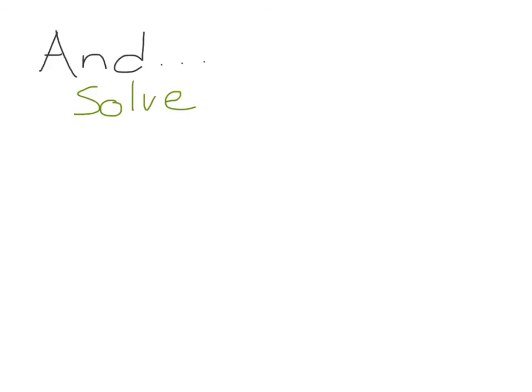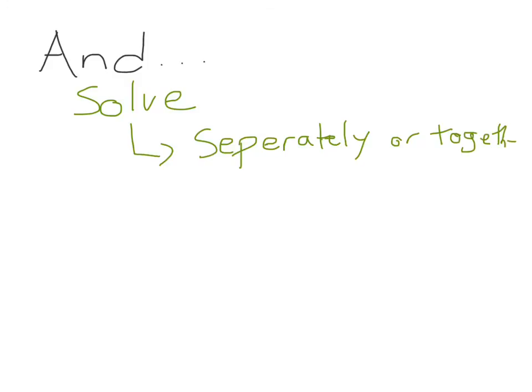Now how you solve them, you have choices in this case. For an AND inequality, you can solve them separately, or you can solve them together. Either way is fine. It doesn't really matter. There are 2 methods. Solving them separately is just solving inequalities like we've seen in the past.